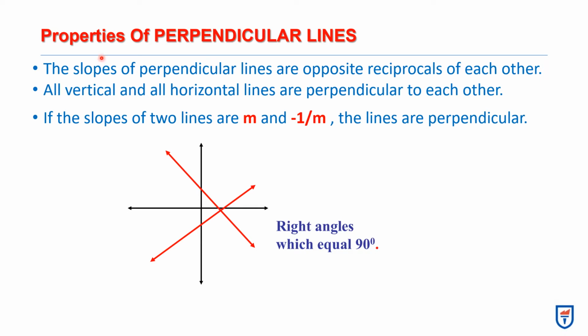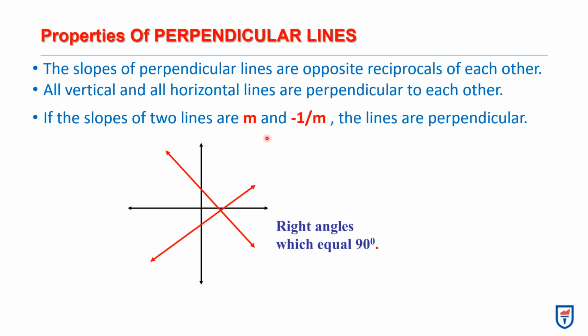Let's look at the properties of perpendicular lines. The slopes of perpendicular lines are opposite reciprocals of each other. All vertical and all horizontal lines are perpendicular to each other. For example, the x-axis, which is horizontal, is perpendicular to the y-axis, which is vertical.